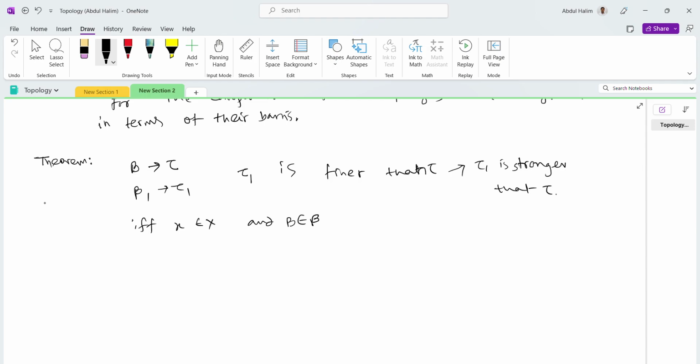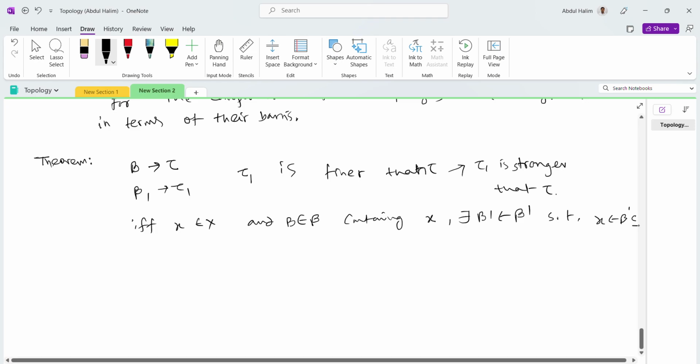This tau1 is finer than tau. What is the meaning? We have already discussed. Tau1 is stronger than tau. These two are topologies.